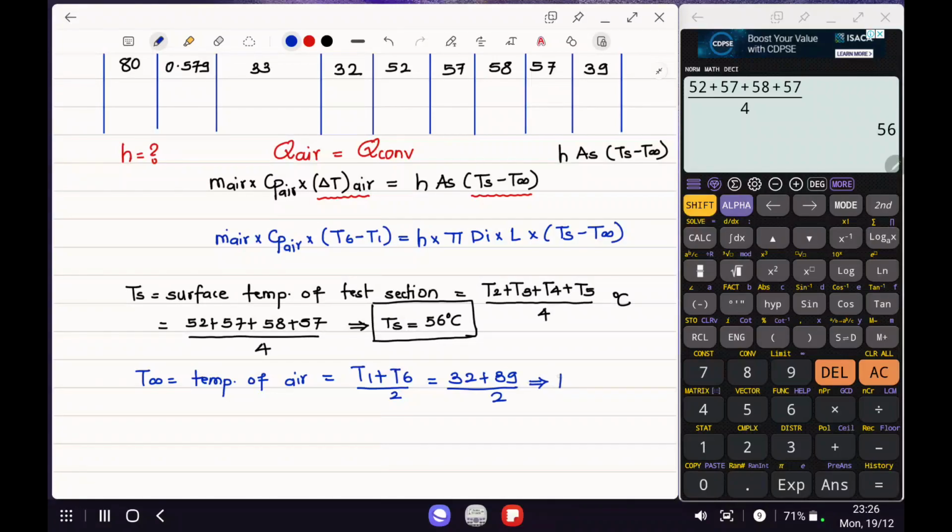It implies that T infinity will be equal to 32 plus 39 divided by 2. So 35.5 is T infinity. Okay, so now we have Ts.